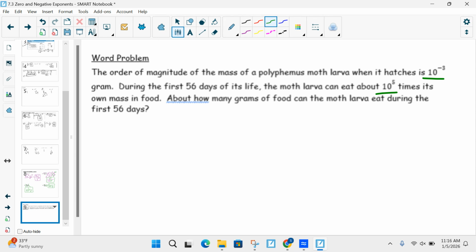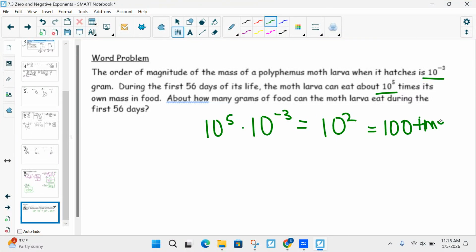About how many grams of food can the moth larva eat during the first 56 days? So we would just take 10 to the 5th times 10 to the negative 3rd. 10 squared. Yes, 10 squared, which is 100. It can eat 100 times its weight.